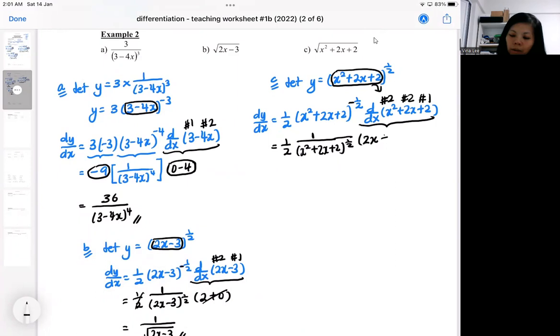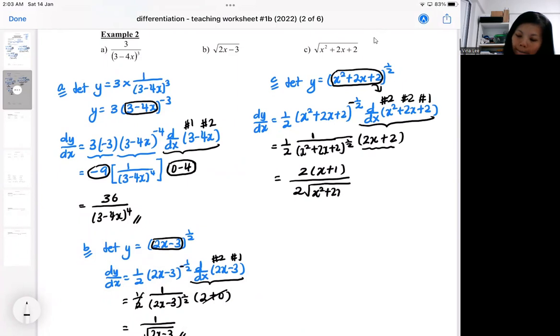Differentiate 2x is a 2. So if you look carefully, this thing can be factorized. It will go up to the numerator. The power half is a square root. So there is a cancellation where you can simplify.